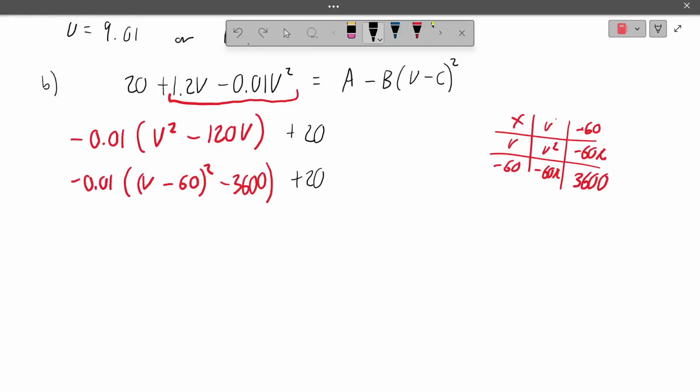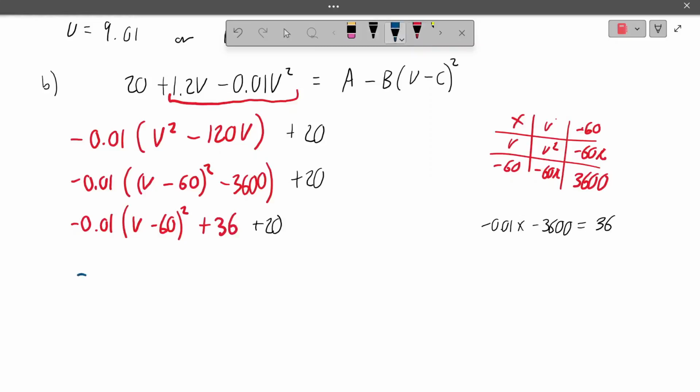So what we need to do is take the 3,600 out of the bracket. So we have minus 0.01 times minus 3,600. What does that equal? Well, that equals positive 36. So what we then have is minus 0.01 lots of v minus 60 squared plus 36 plus 20. So we're almost there.